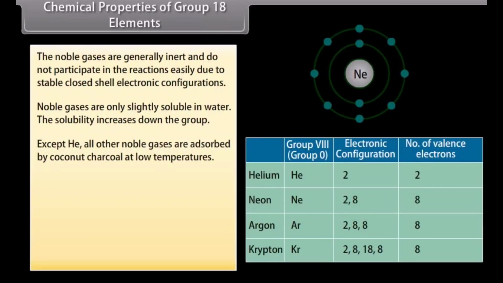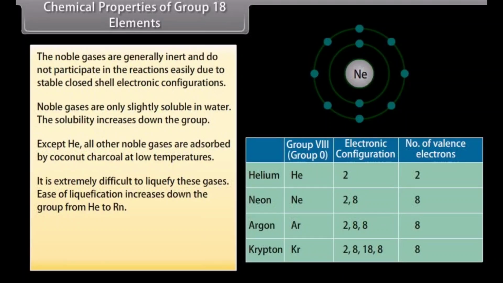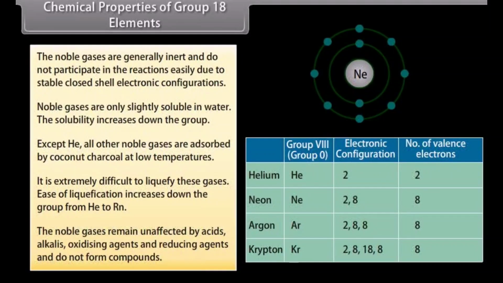Except helium, all other noble gases are adsorbed by coconut charcoal at low temperatures. It is extremely difficult to liquefy these gases. Ease of liquefaction increases down the group from helium to radon. The noble gases remain unaffected by acids, alkalis, oxidizing agents and reducing agents.